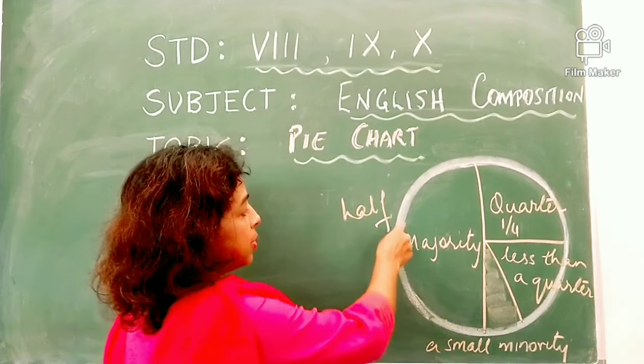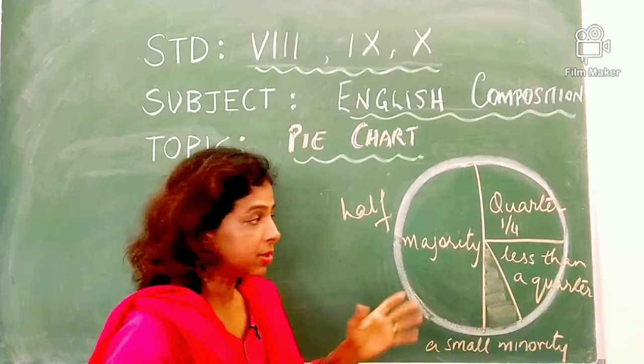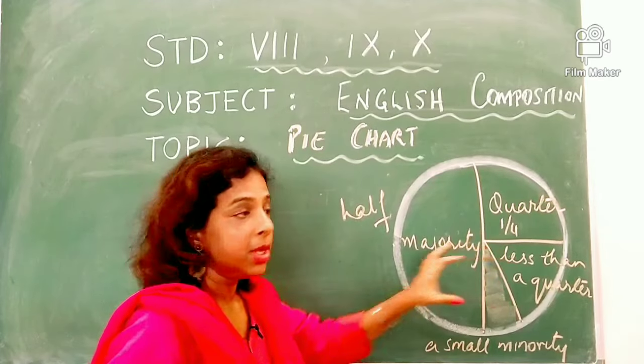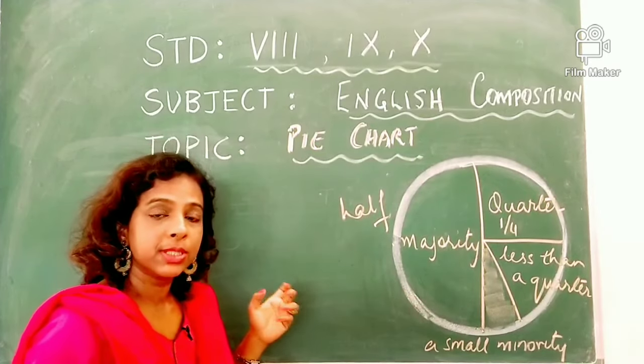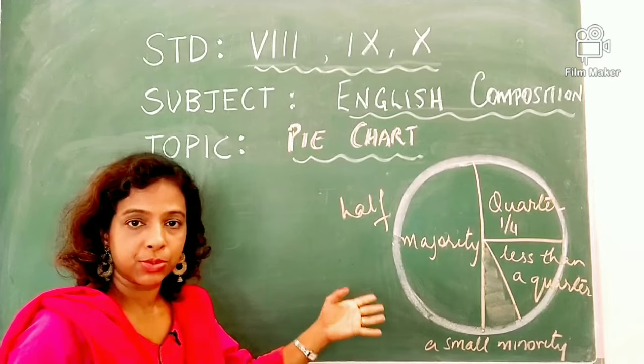Okay, and we are going to be analyzing this pie chart in the form of words. Now what you have here is a pictorial form. We are going to be using it in the form of words and creating two paragraphs with this information that is going to be given.